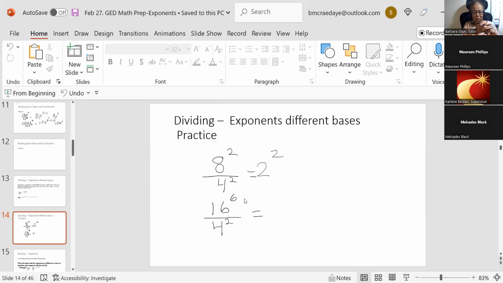What's 64 over 16? 64 divided by 16. That's the math. 64 divided by 16 would give you an 8.